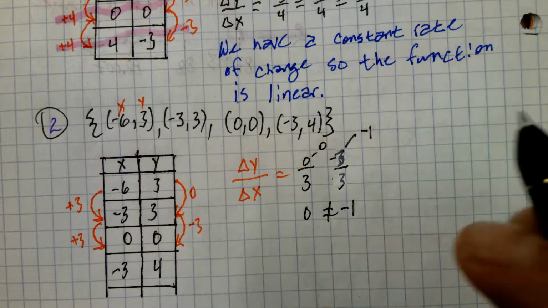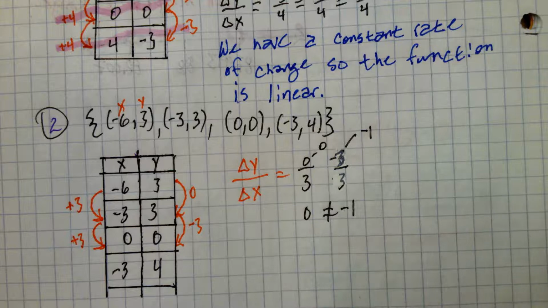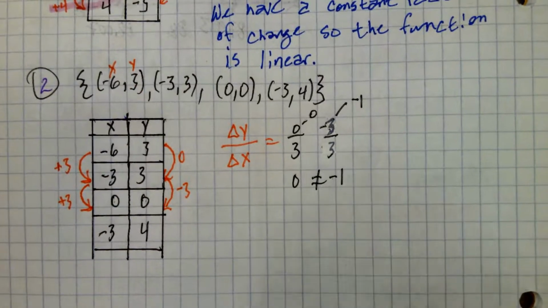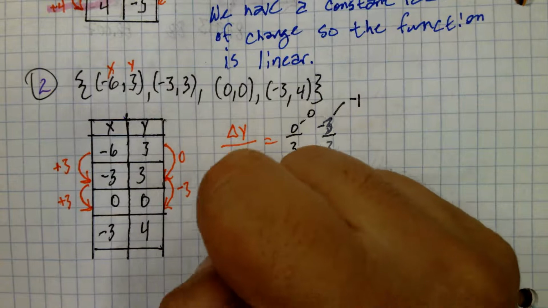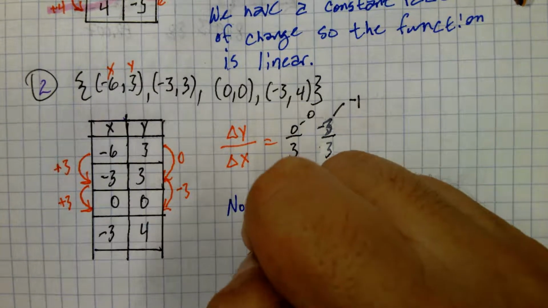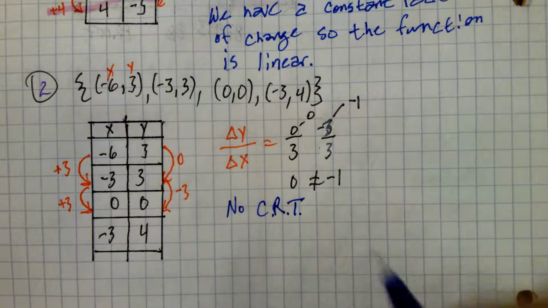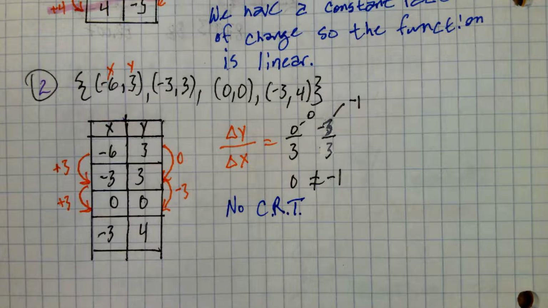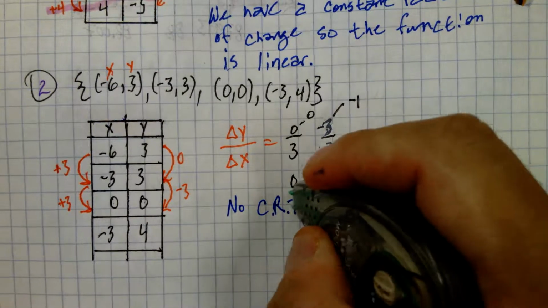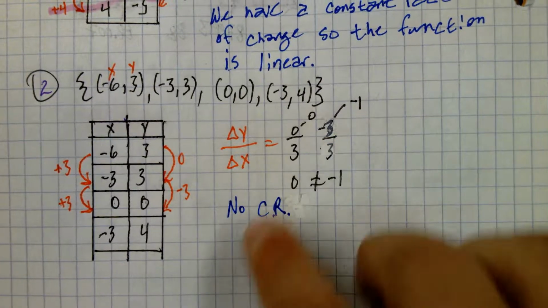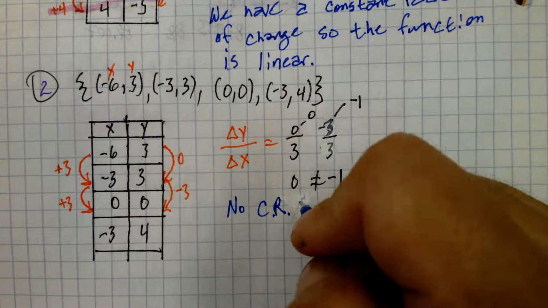So you could just stop right there. Once you hit something that isn't going to give you an equivalent fraction or equivalent number, just say this isn't linear. So no constant rate of change.